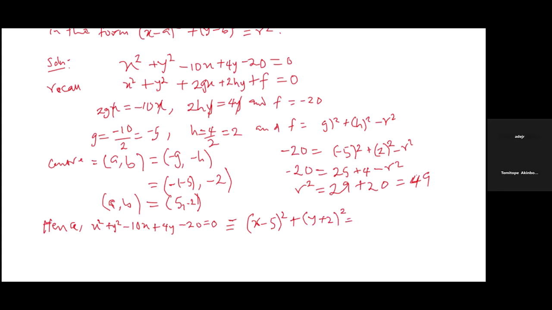R squared, we have obtained to be 49. So equals 49. Is that okay? Yes, sir. Is it clear? If it is not clear, let me know so that I can go over it again.